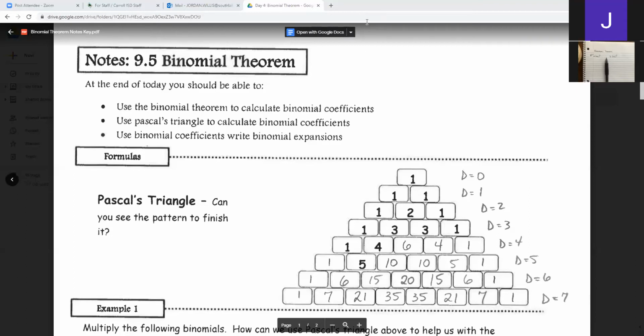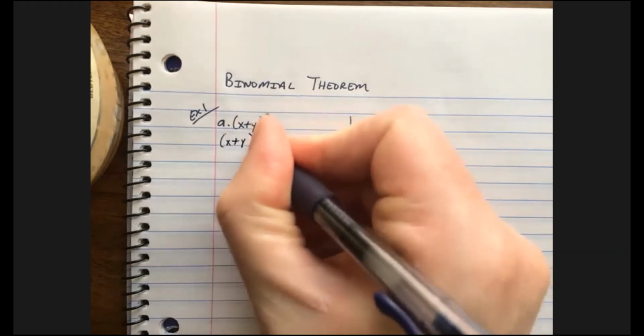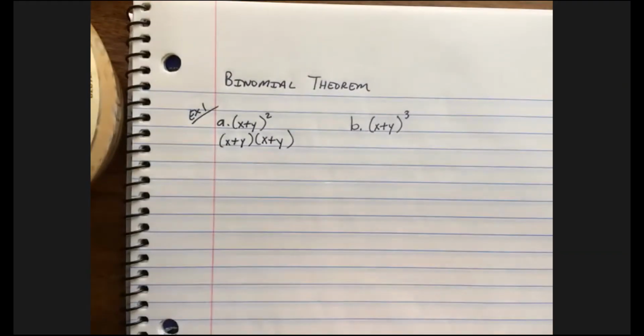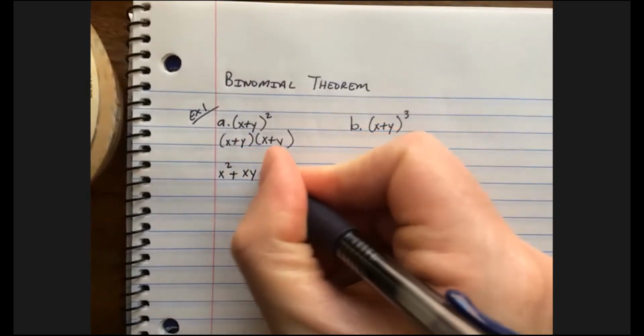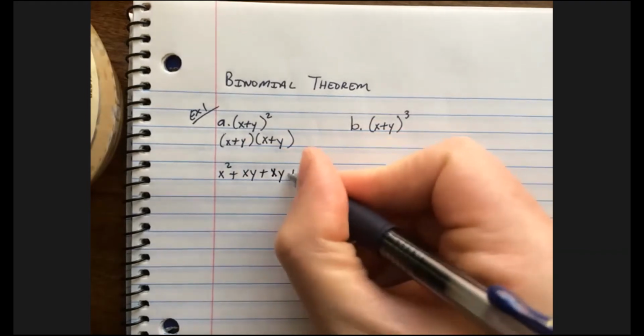So the very first one we have is x plus y squared. And I want to show you first, just the way you've always done this problem, is you just multiply x plus y times x plus y, which when you distribute just becomes x squared plus xy plus xy plus y squared.